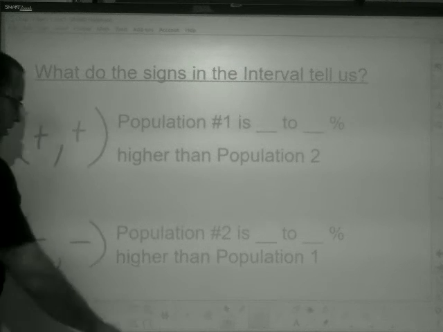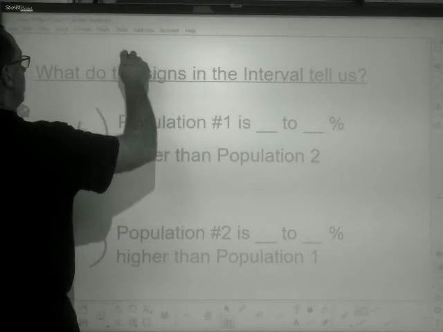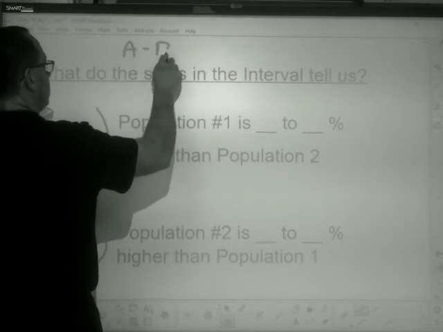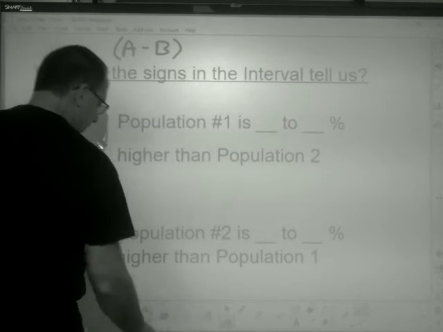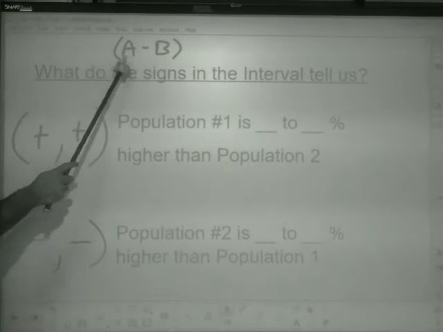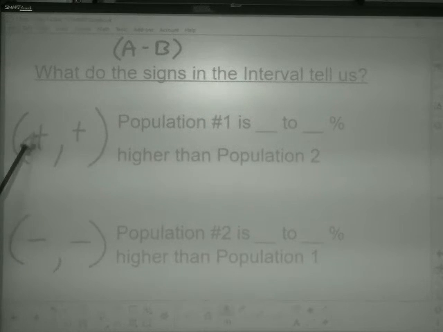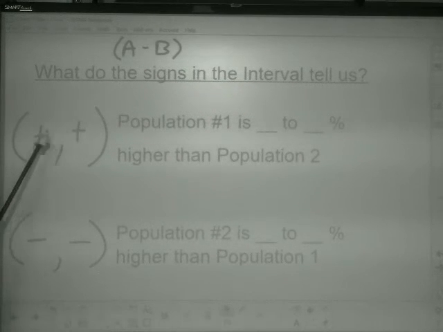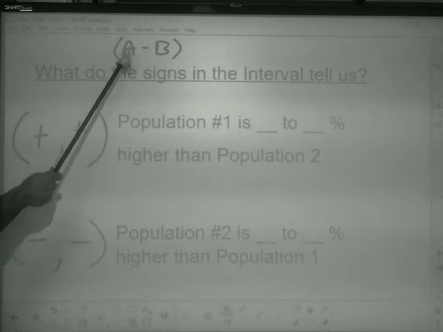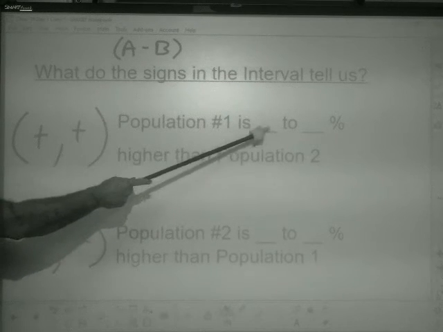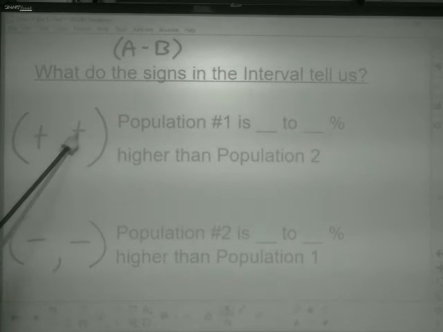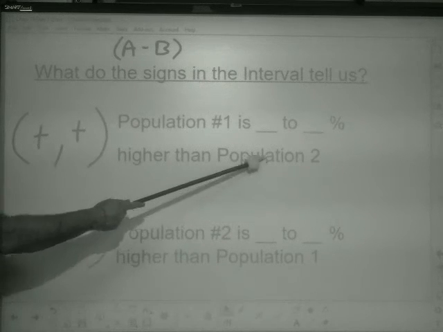Because you're subtracting two numbers. If I take two numbers, A minus B, the only way I get positive answers is if the first population, population A, is higher. So both positives in our interval tells us that whoever the first group is from this number to this number percent higher than the other group.